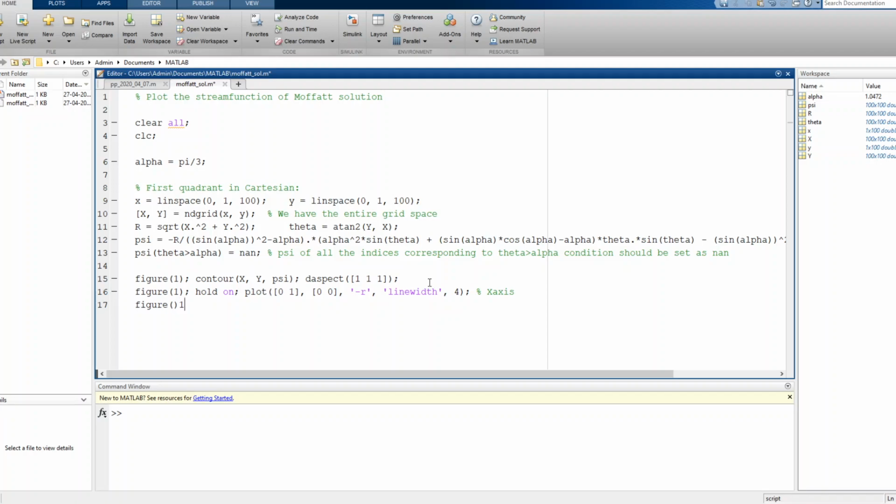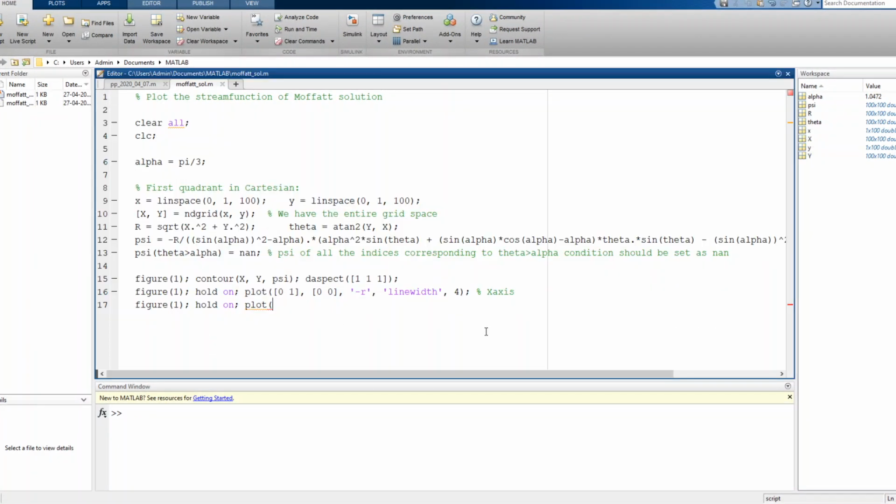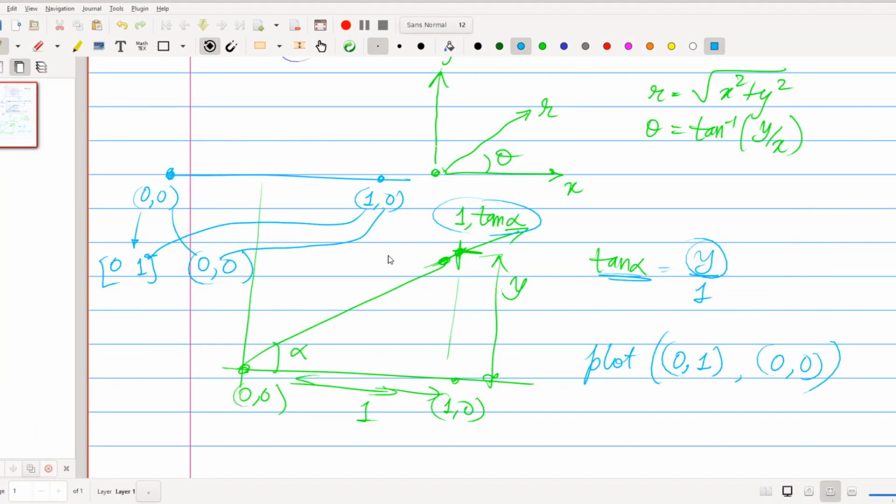Similarly, let us plot the y-axis. So the same logic holds true. So for the y-axis, the x here will be 1 and the y is tan alpha. So the x pairs are 0 and 1, and the y coordinate pairs are 0 and tan alpha.